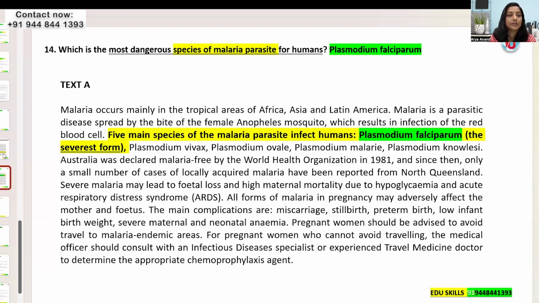Thank you. How much time can we take for skim and scan? Because it's 15 minutes only. As I told you before, 2 minutes for your skimming. That means for each text you will get 30 seconds for skimming. Then for questions 1 to 6, you can take 1 or maximum 1.5 minutes.